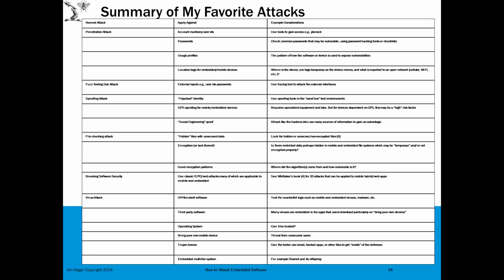And if they're encrypted, can I break that encryption? Then I move into the breaking software security world, the things that James Whitaker's book talks about. And then finally, how susceptible is my system and app to viruses? And somebody taking the thing over and creating a rogue app that's got my name on it, that all of a sudden somebody's blaming my project for an app that's been taken over by a virus.